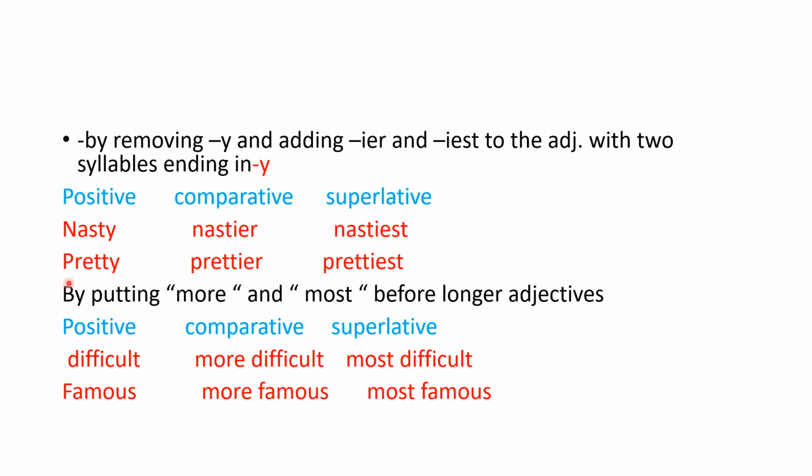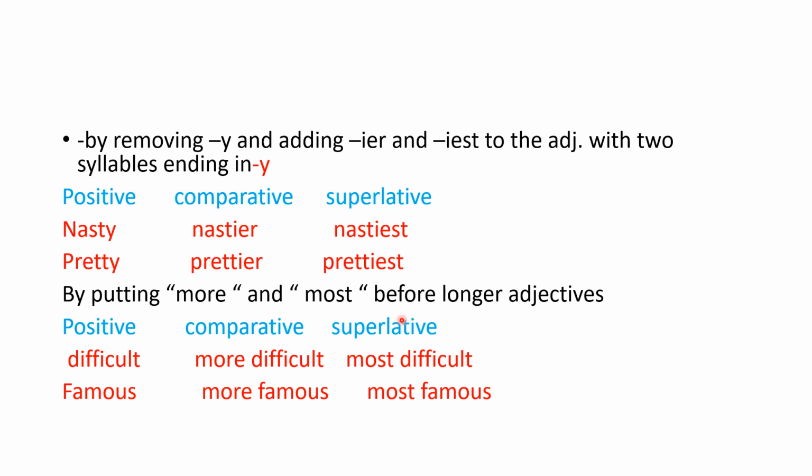Okay, again pretty, two syllables are there, so again we will remove this y and add ier, and in the superlative degree we use iest.